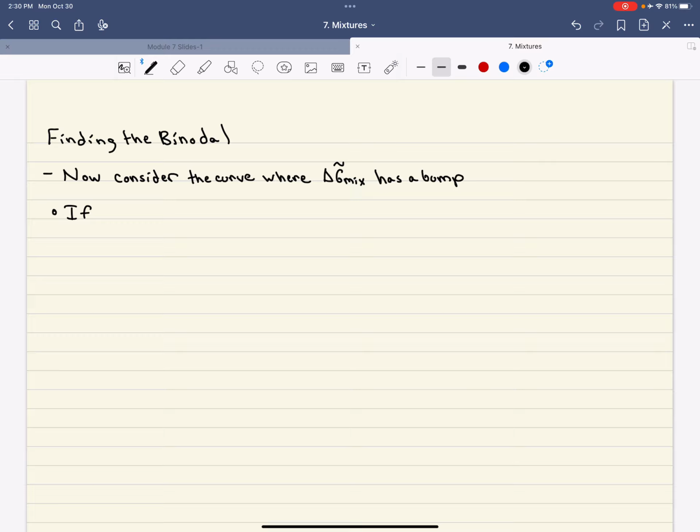If, and I'll call the initial composition, I'll put it in brackets, so it's the average composition of the entire system.